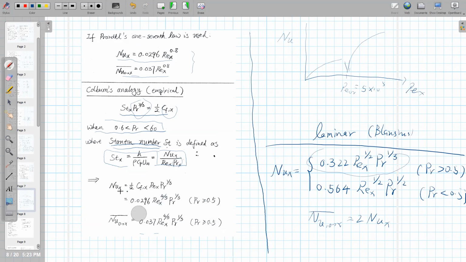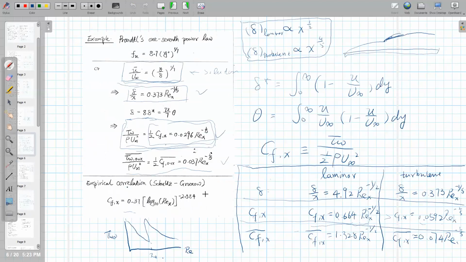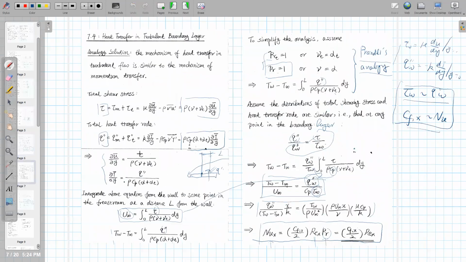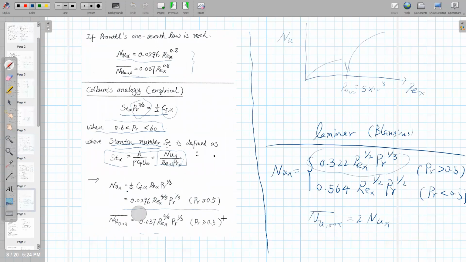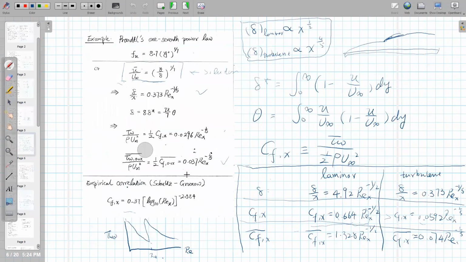We have this new correlation to calculate the Nusselt number, and we also have new correlations to calculate this C_f value, and new correlations to calculate the boundary layer thickness for the turbulence. So this is the important thing. You need to know that in the turbulent field, how to calculate the boundary layer thickness, how to calculate the friction, and how to calculate the Nusselt number.